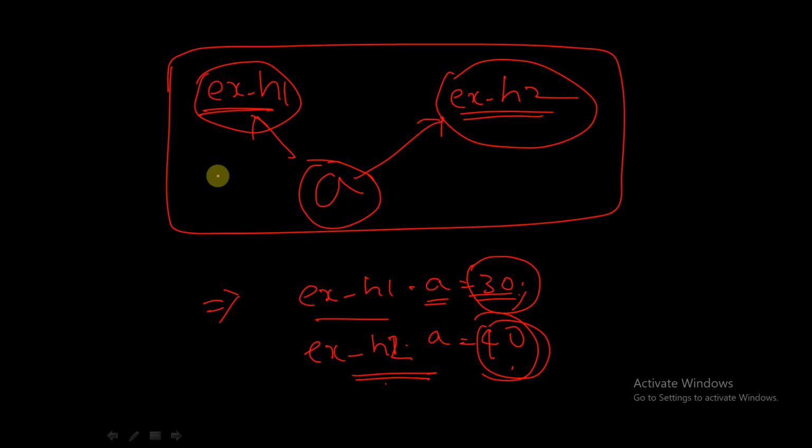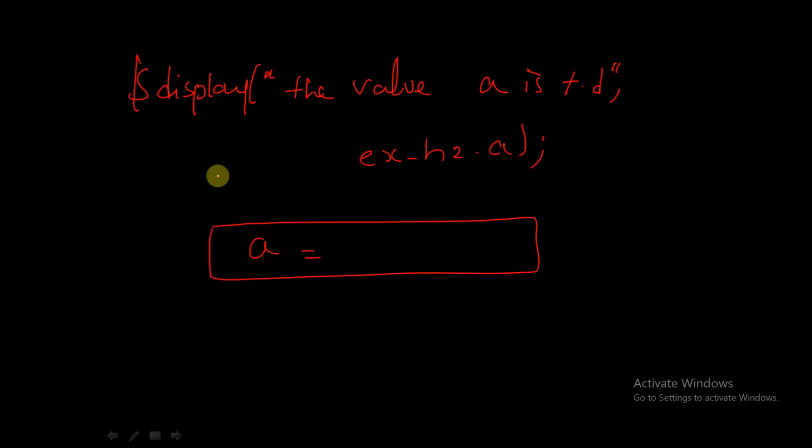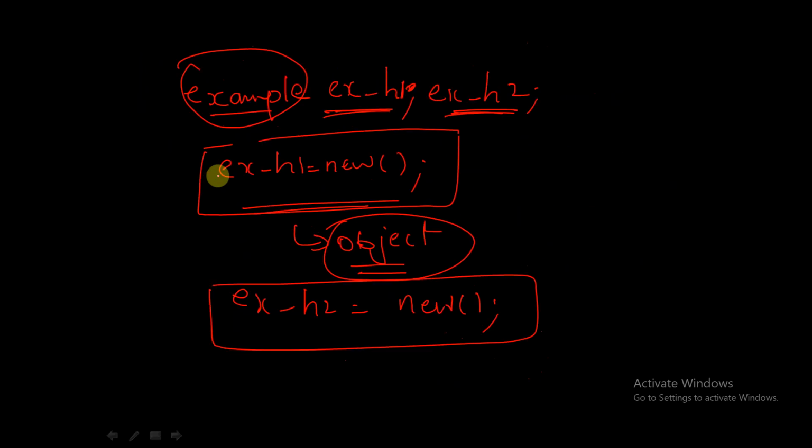In this example, we haven't done any object assignment. We have created two separate objects, ex_h1 is equal to new and ex_h2 is equal to new. What we were expecting is that a local copy of a would be created for both objects.